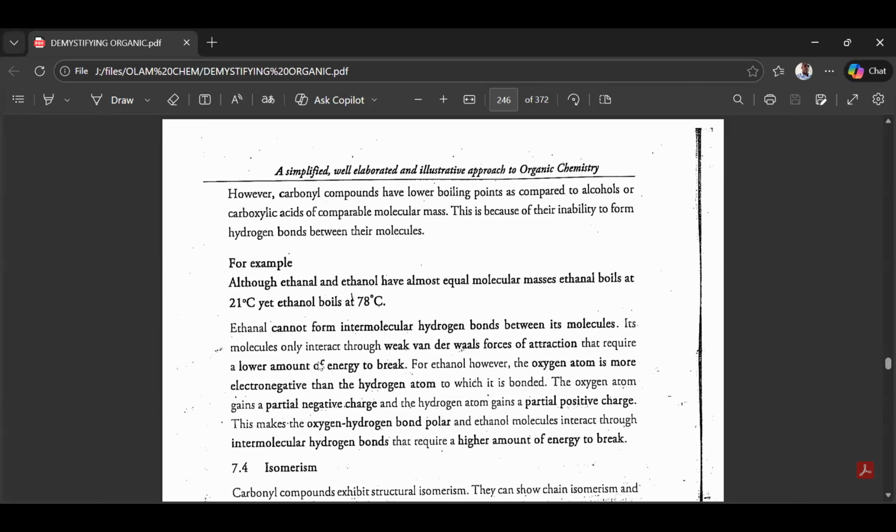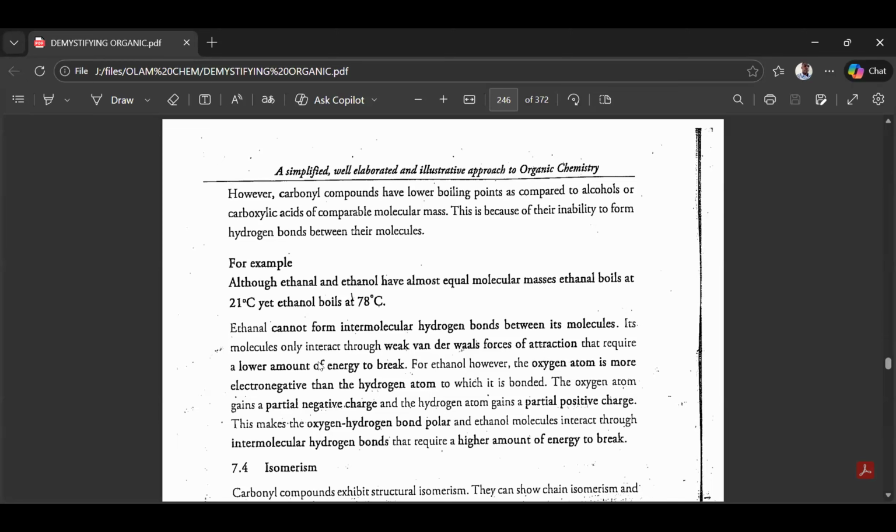When you look at propanol and butane, they have the same molecular mass. You would expect them to have the same boiling point, but they have different boiling points just because propanol has a polar bond, yet butane has no polar bond.